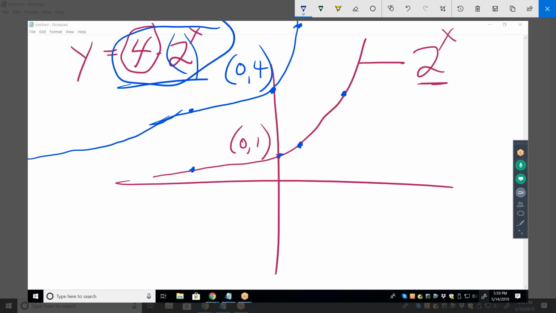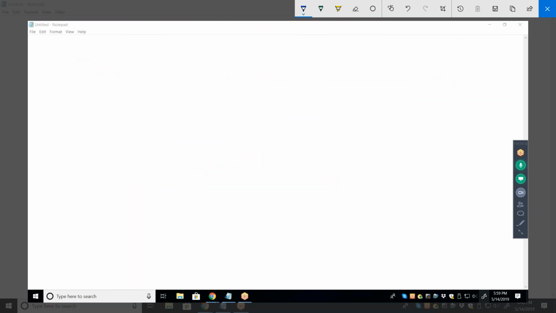What you start with is graphing that, and then you vertically stretch it by 4. If it was 2 to the x plus 4, then it would be a vertical shift, which does not change the shape of the red curve, just moves everything up by 4. Okay? Let's do another one.